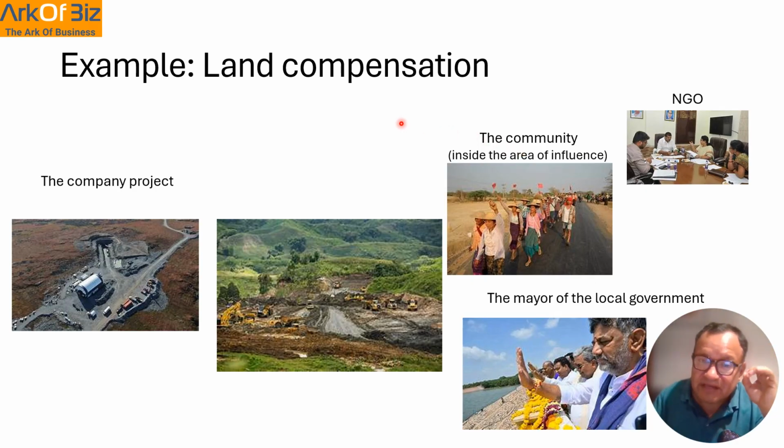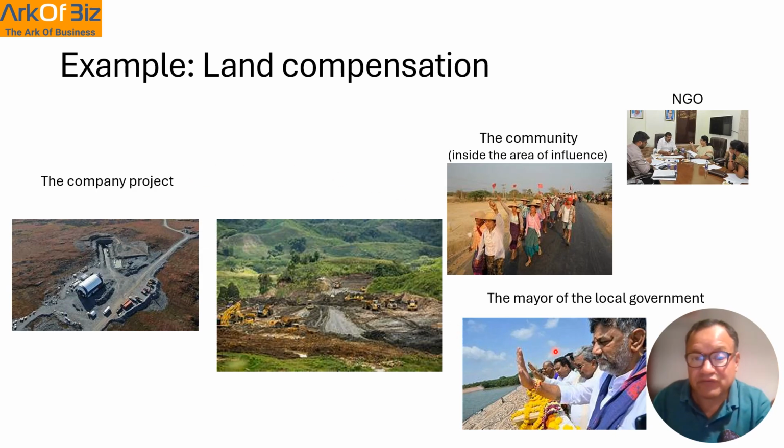But what happens? The community faces accessibility issues. It means no proper roads exist, making it hard for the company to move equipment and personnel. With that context, the company decides to build a new access road on community land without permission. Of course, the community complains, but the company ignores the complaints.